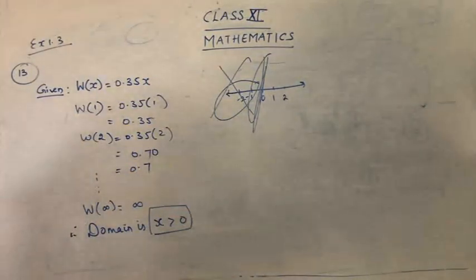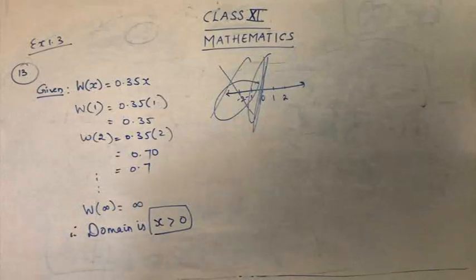I hope the sum is clear to you. So now come to the next question. Before you start with question number 14, the question is depending on the graph. We are not going to do the sum on graph paper, we are going to do it in our classwork itself. In class 10 we studied how to draw the graph. We had one type of question, to represent the function in ordered form and table form.